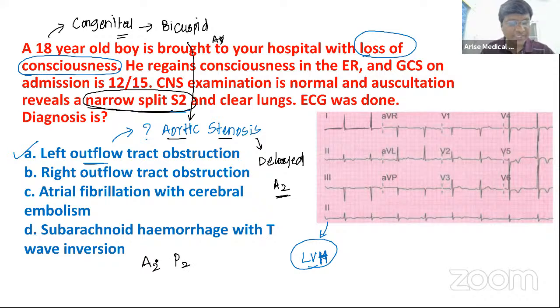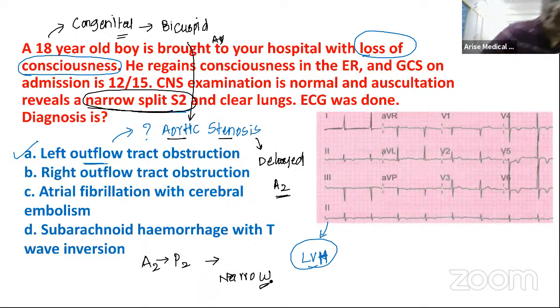If your A2 is delayed, what will happen? The split will become narrow, as A2 moves near to your P2.